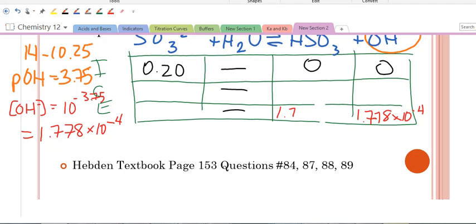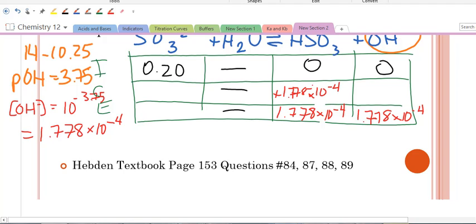So our final concentration of our conjugate acid is 1.778 times 10 to the negative 4, which is what our x is. So our change for the SO3 2- ion was also 1.778 times 10 to the negative 4.